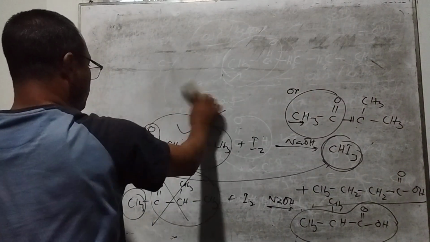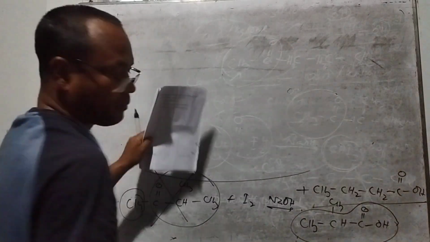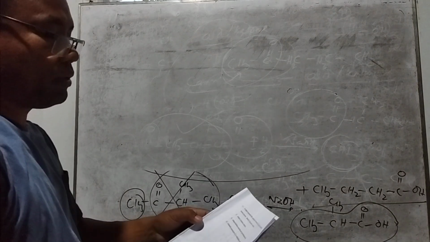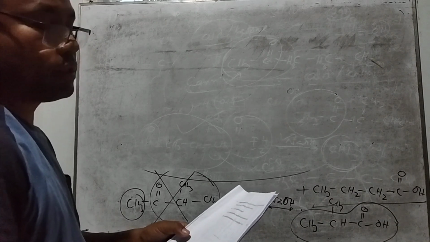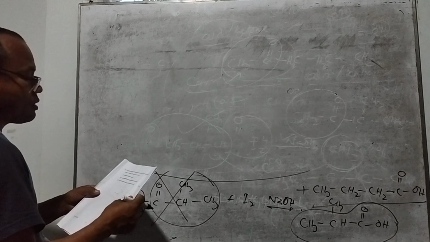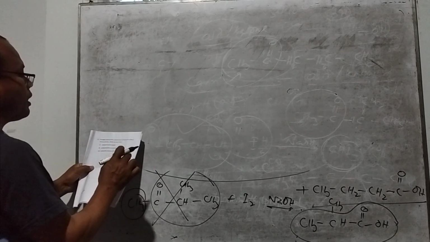The third question is: the isomer obtained by reductive ozonolysis of 3,4-diethyl hexene. How is this reaction written?